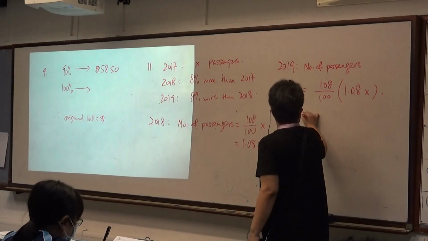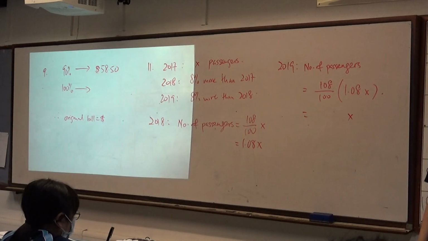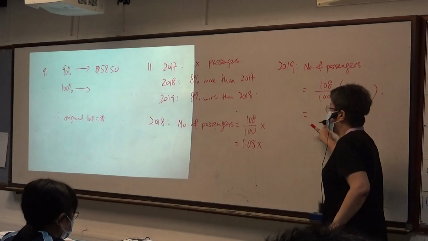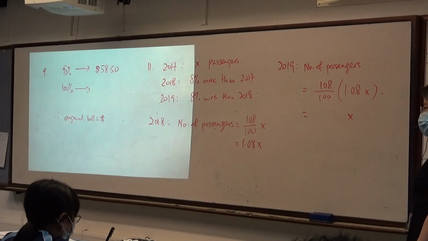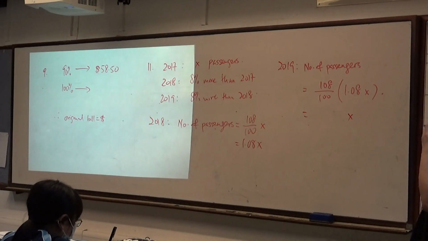I want to know, you key this number, how many X? What is this number? 1.08 times 1.08. Tell me the number, don't just keep quiet. If you don't tell me, I'll just wait.